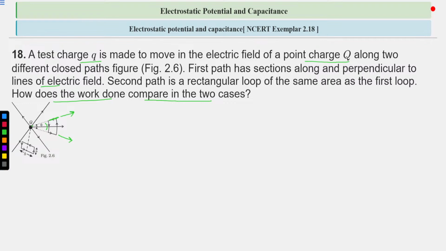The other rectangular loop of the same area is present here. Both loops are closed paths, and we have to compare the work done in the two cases. I will give you some time.